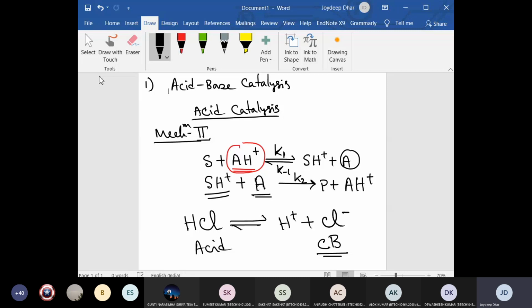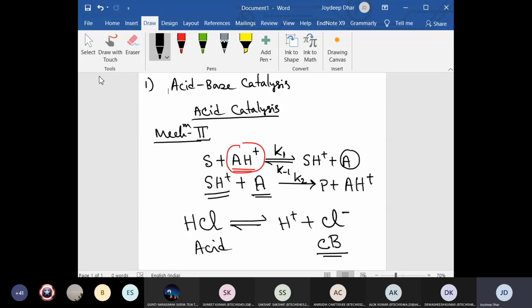So in enzyme catalysis, enzyme is a protein molecule. What is the structural requirement to be a protein? It will have peptide linkage. So all proteins are not enzymes, but all enzymes are proteins.